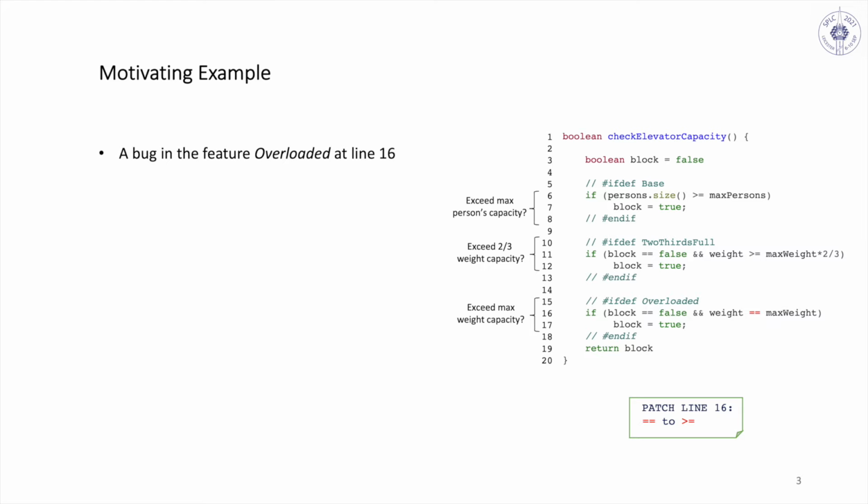Looking at the conditions for blocking the door, they're based on 2 measures: the number of persons and the total weight. In this code, you can see that we have 3 features involved.